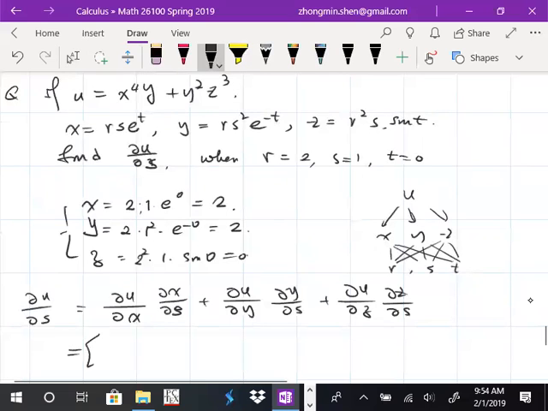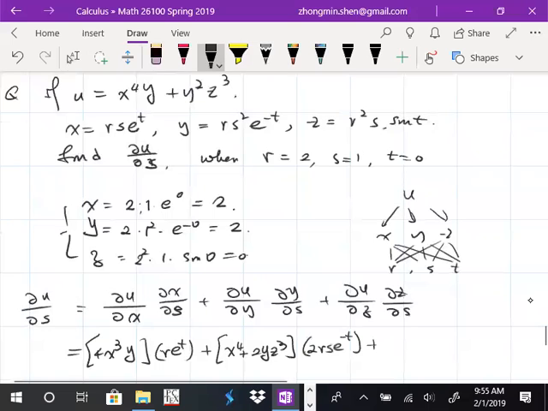Let's do it together. The partial derivative of u with respect to x is 4x cubed y squared z cubed, nothing else. And then the partial derivative of x with respect to s is r e to the t. Then the partial derivative of u with respect to y is x to the fourth power times 2y z cubed. And the derivative of y with respect to s is 2rs e to the negative t.